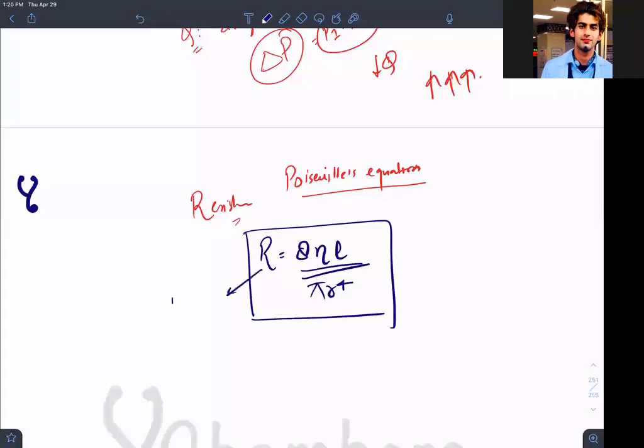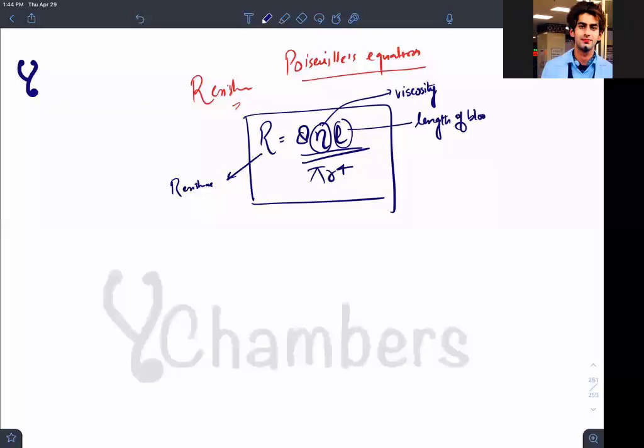It is the resistance. 8 is numerical. Eta is viscosity; we represent viscosity by eta. L is the length of the blood vessel, and r is the radius.